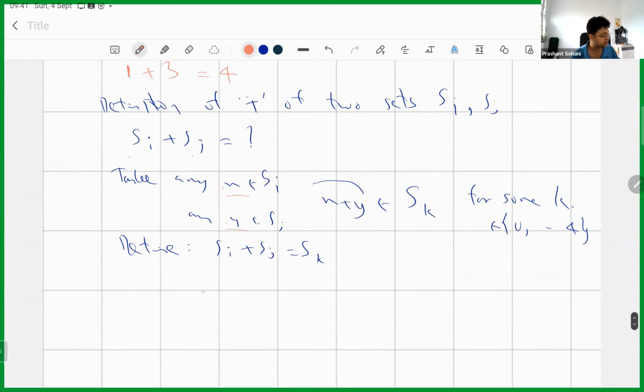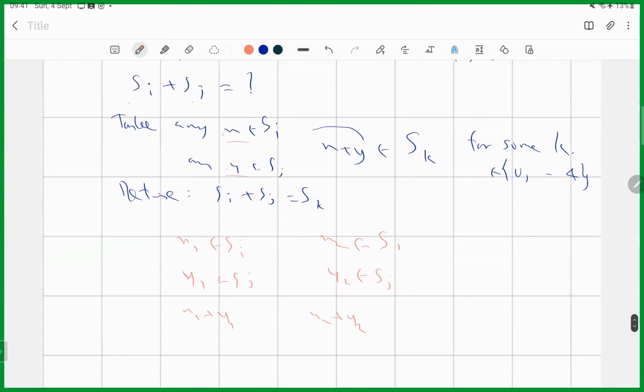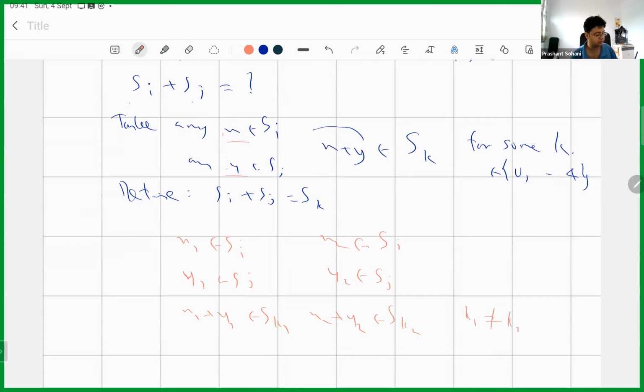If one person takes x1 from the first set and y1 from the second set, and somebody else takes a completely different x2 and y2, will they land up with the same answer? The sums x1 plus y1 and x2 plus y2 may not be identical. What if the first sum belongs to some k1 and the second belongs to k2, where k1 and k2 are not equal? Can this happen?